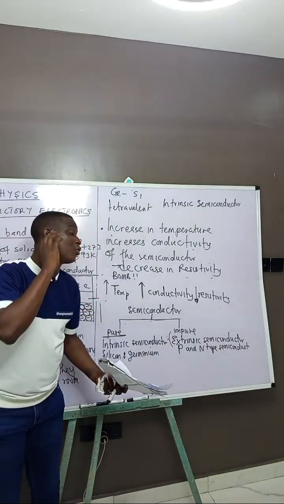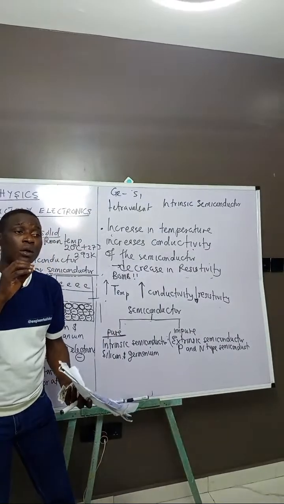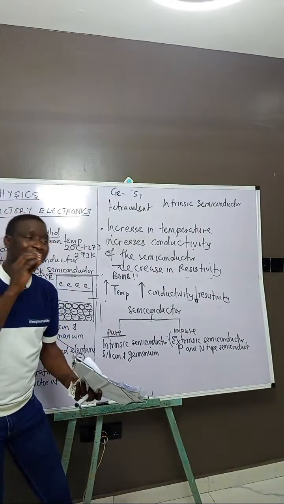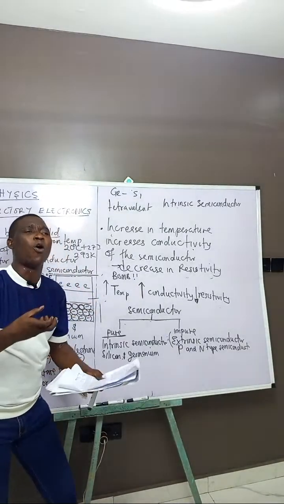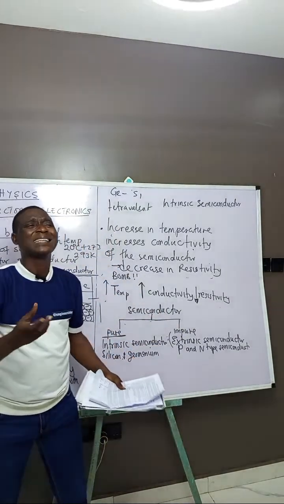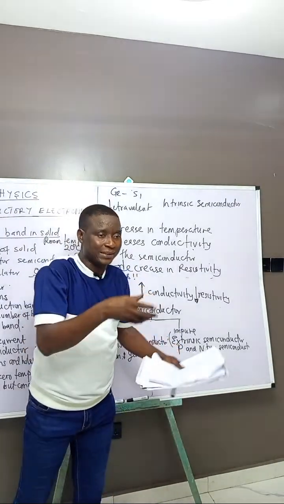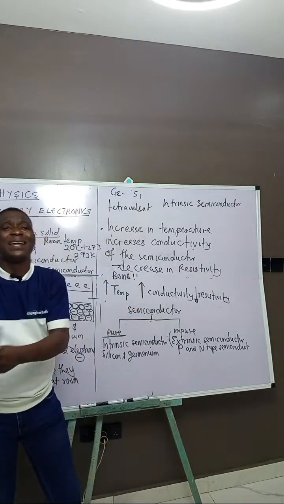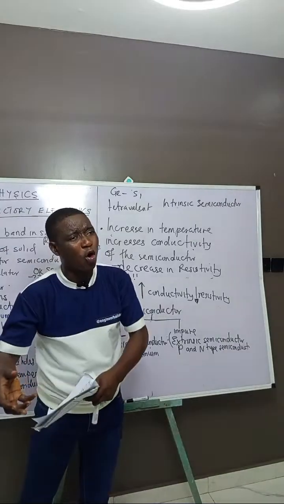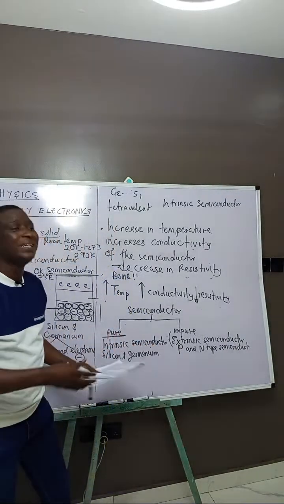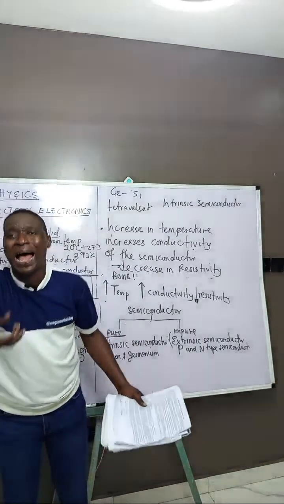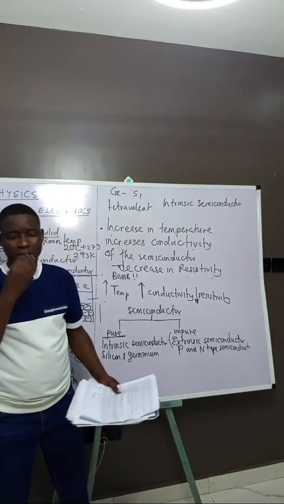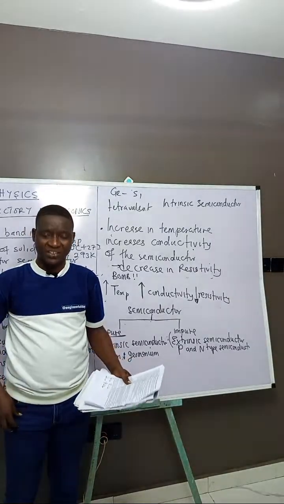An extrinsic semiconductor is a semiconductor produced as a result of doping, and the number of electrons is not equal to the number of holes. As such, they are produced by the doping process.